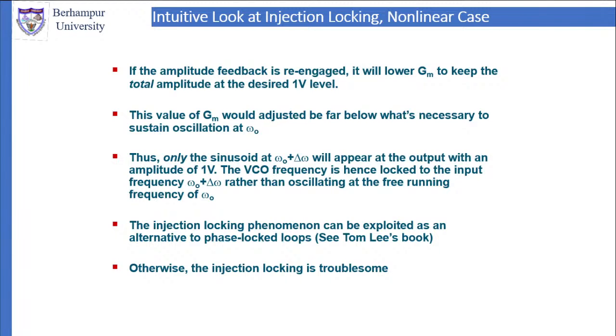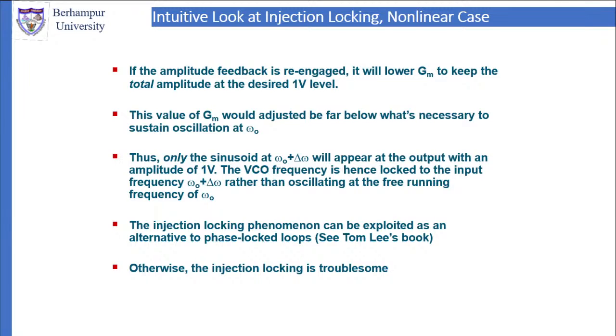So this value of GM would adjust far below what is necessary to sustain the oscillation at omega 0. Only the sinusoid at omega 0 plus delta omega will appear at the output with an amplitude of 1 volt.